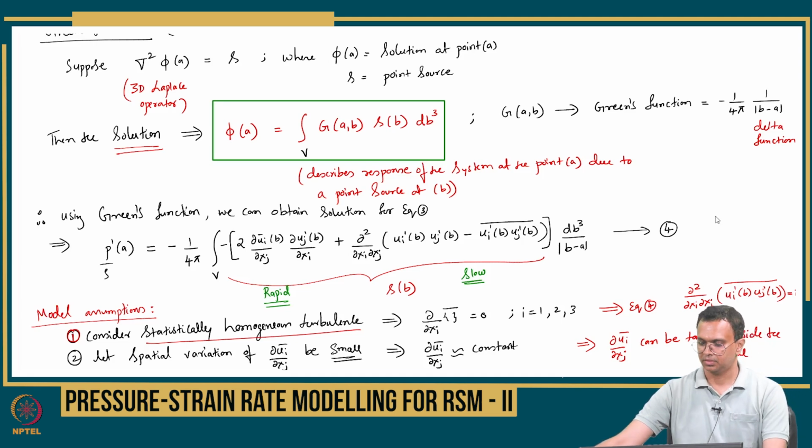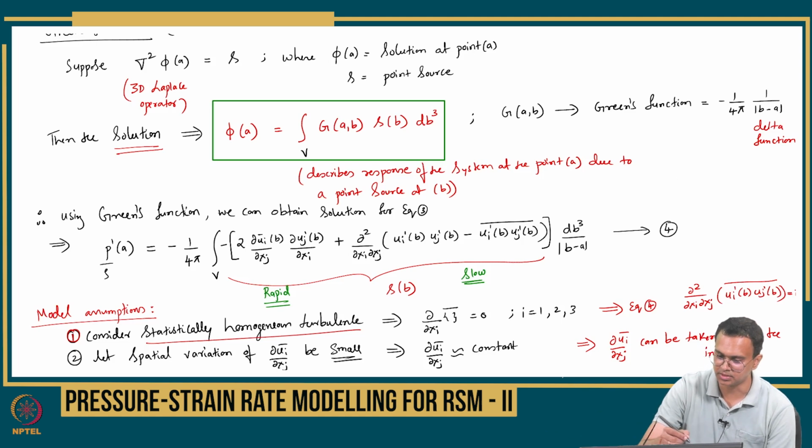Okay, so I am going to use these two and get an expression for the pressure strain rate. Now since I have P' by rho, I can multiply the remaining part and average to get the equation for the pressure strain rate.